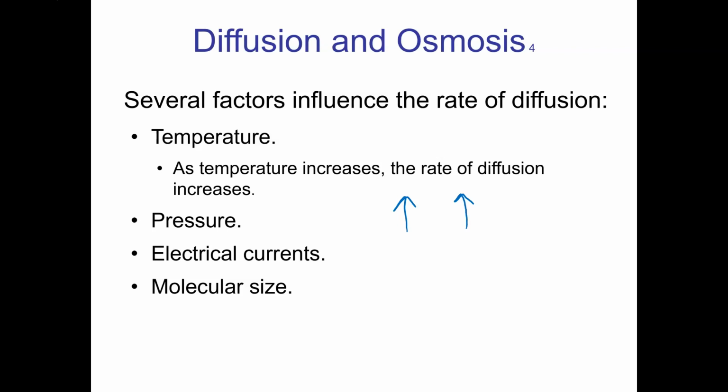If you turn on the heat, as the water heats up, it starts moving faster until eventually it's boiling. That's how temperature influences diffusion. So increase temperature, you increase diffusion. And the same goes, if you decrease temperature, you're going to decrease diffusion. Okay?